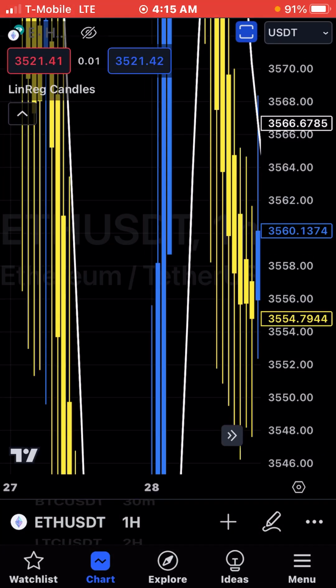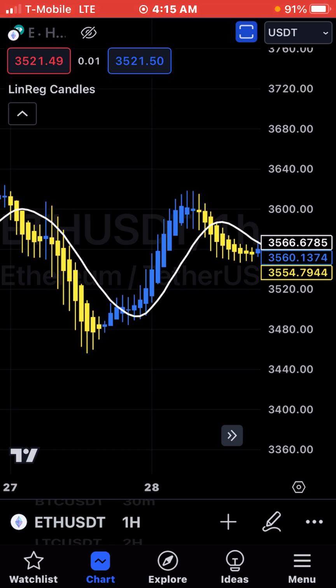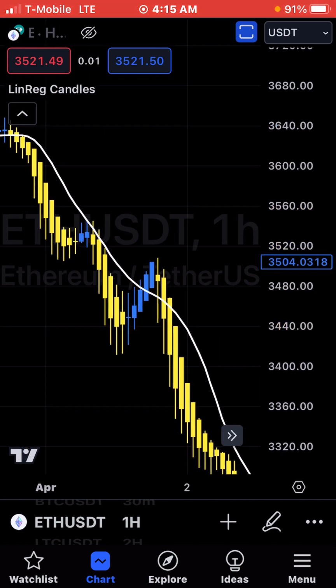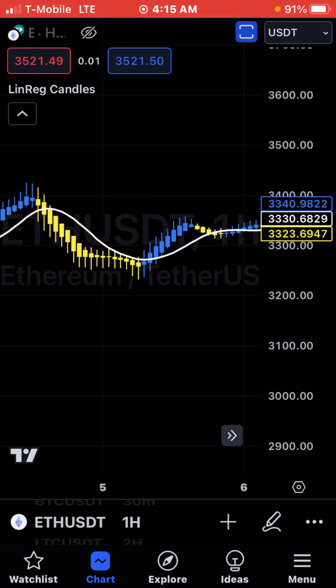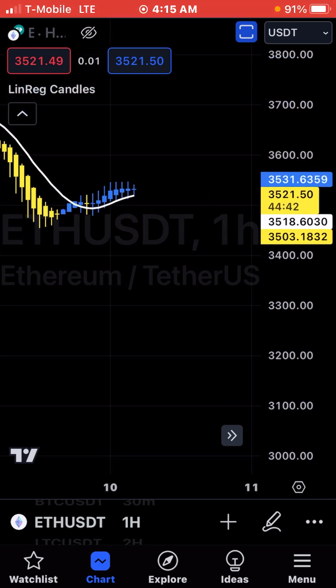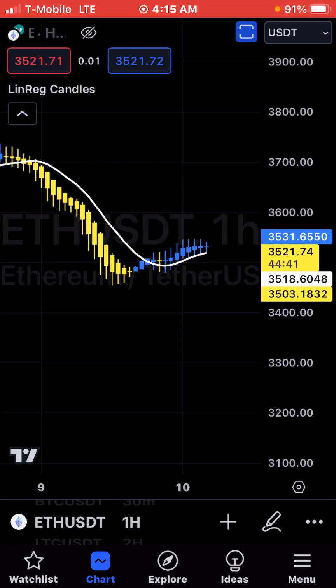Let's look at Ethereum. Now, when you're trading crypto on Forex, the formula to making $100 a day just trading crypto here is you have to find a crypto that goes up about $20 a day. You have to find a $20 difference, and you have to do it at a 0.05.